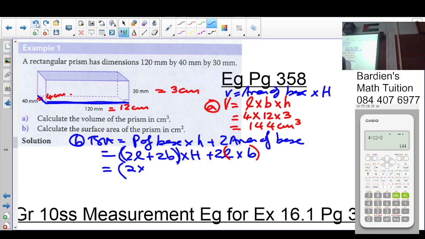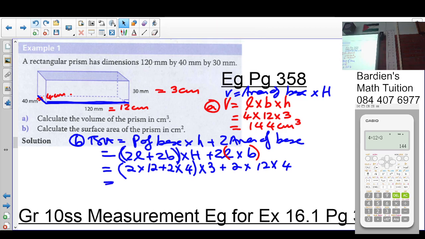Okay, so it's going to be 2 times length, which is 12, plus 2 times what's the breadth? 4 times the height? 3, plus 2 times the length 12 times the breadth 4. So that's going to simply give us open brackets.